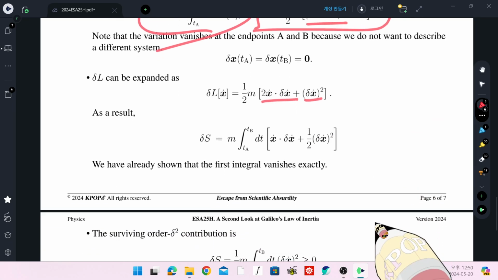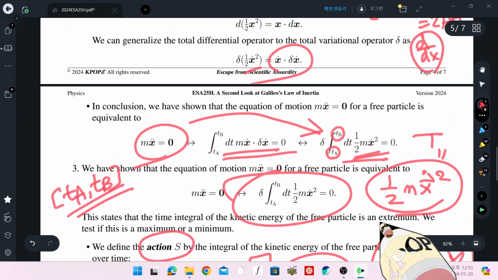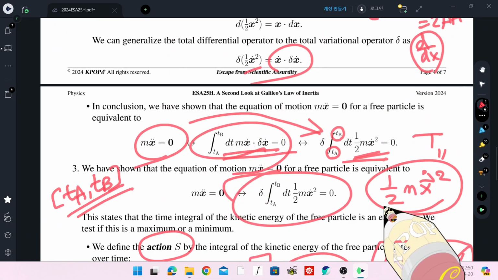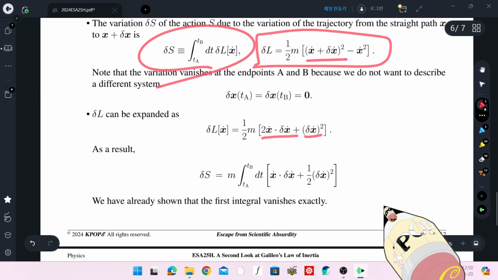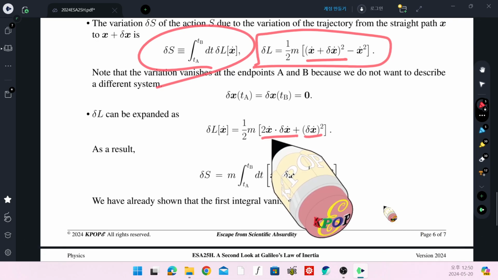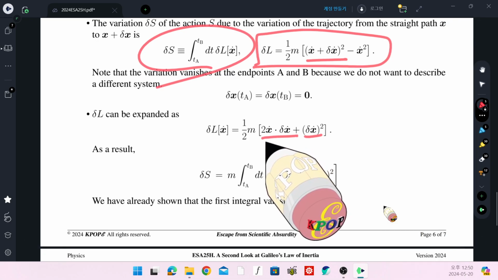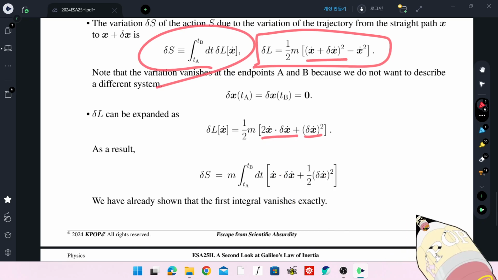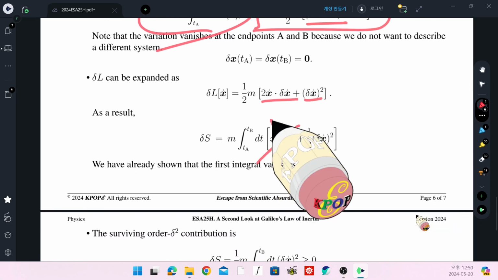What we have found just previously is that this integral vanishes when the variation is given from the path x that is physical, and that is the straight line for the case of a free particle. Therefore, this is zero.